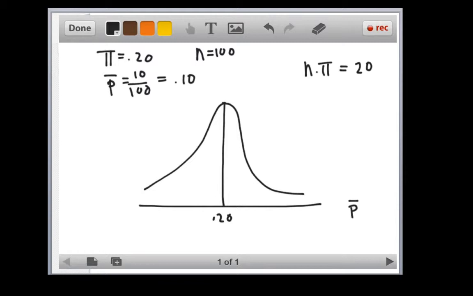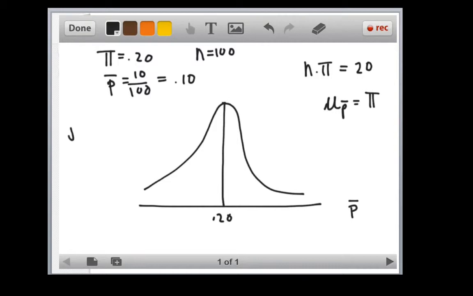My axis is p bar. The center of that is the expected value, which is 0.2. Remember, on average, p bar equals pi.